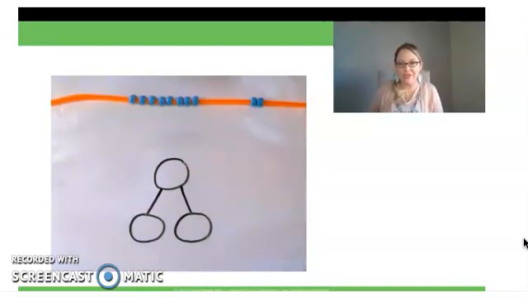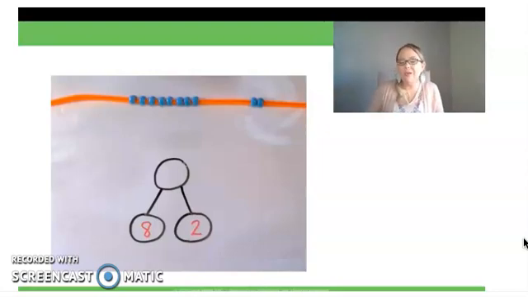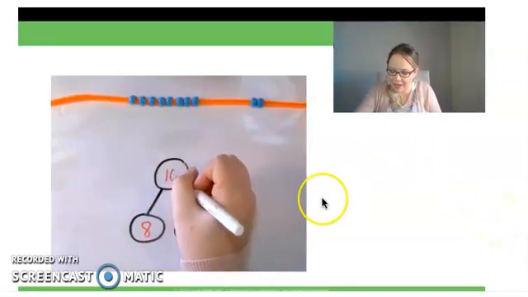Push pause if you need to do that. So what parts do we have? 8 and 2. Is our whole number still the same this time? Think about it. Is it still the same? Yes. 10 is still our whole number.